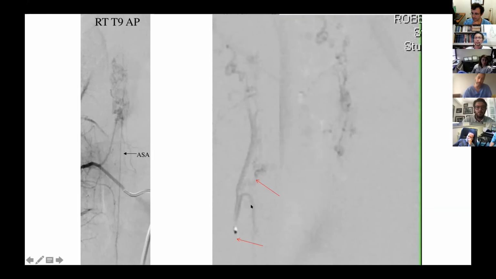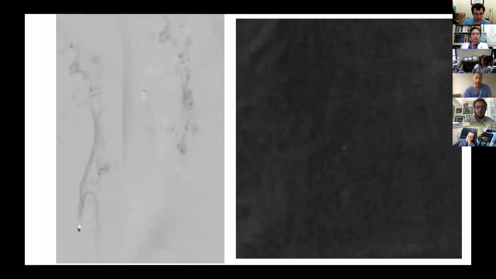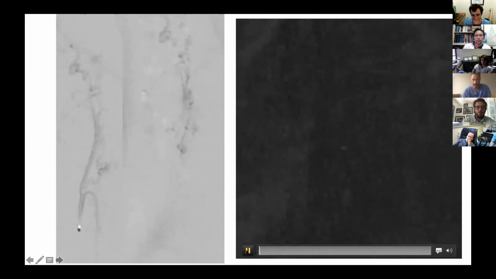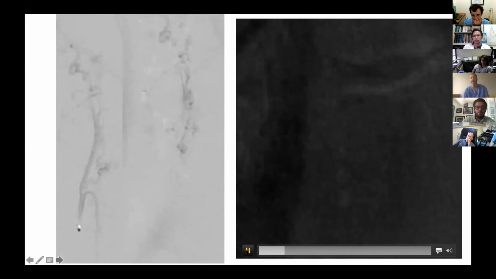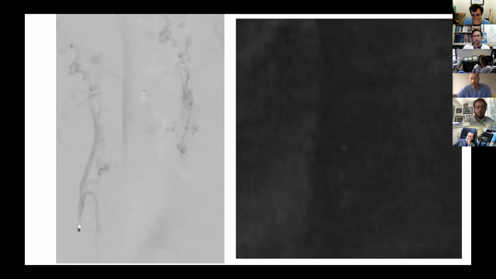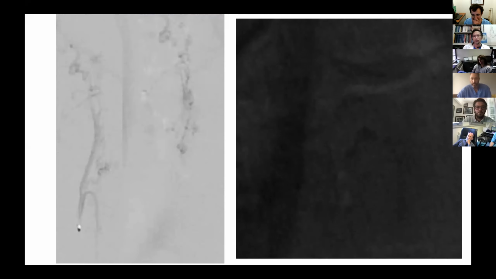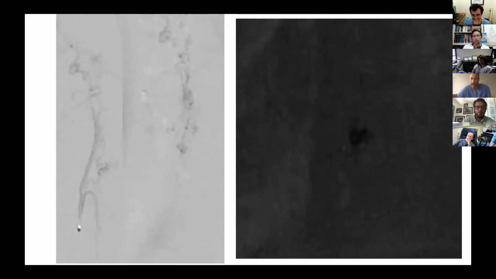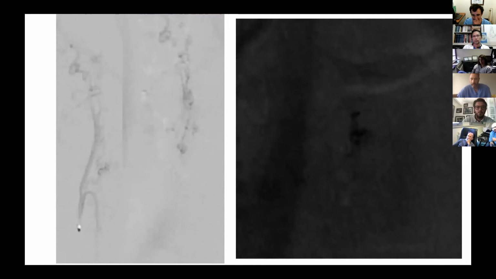We were able to get the microcatheter to this position here, which I thought was within the nidus of the AVM proper. I don't know how well this is going to project. It's not that important, but it's too dark. But it's the glue injection itself, using about 25% NBCA with tantalum.